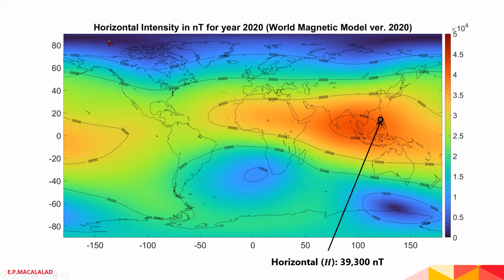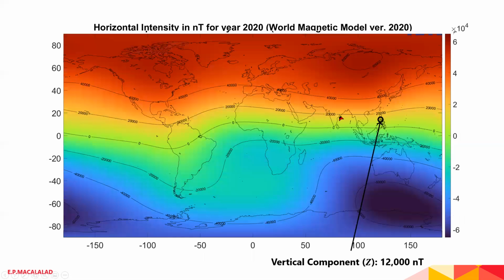Because remember, at the poles, the magnetic field is pointed downward, so there is no horizontal component. So naturally, at the poles, your H is actually low. But at the equator, it's maximum.